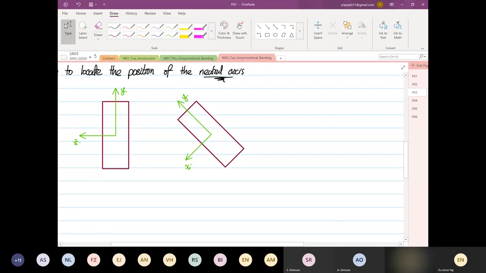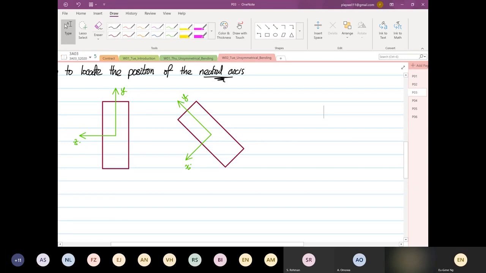Not the neutral axis. The transformation will rotate following the object. Yes or no? Right. So when I rotate, the axis follows the object. The axis is not following planet Earth. It's not a fixed frame. It's moving relative to the object.